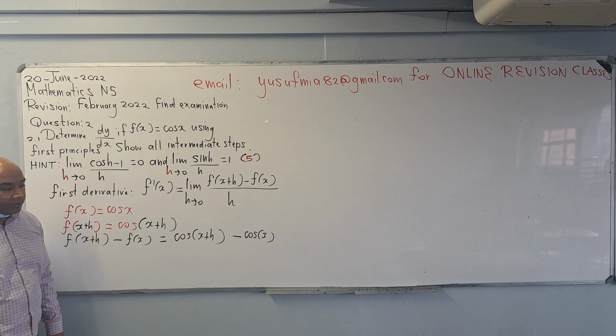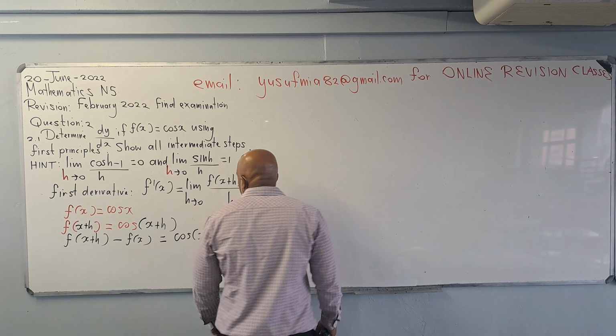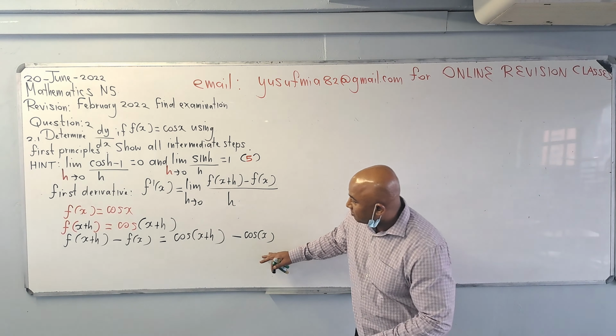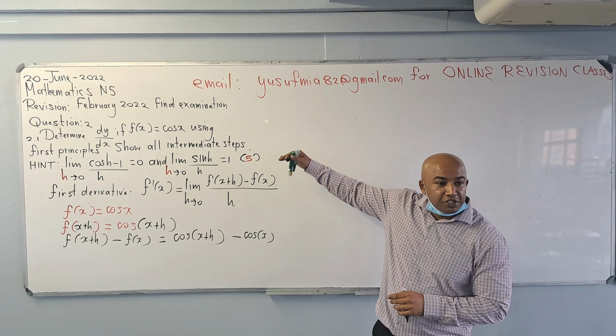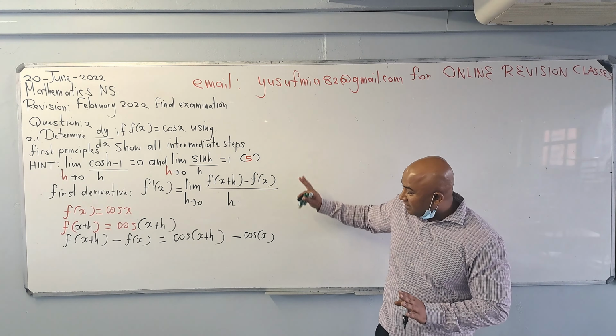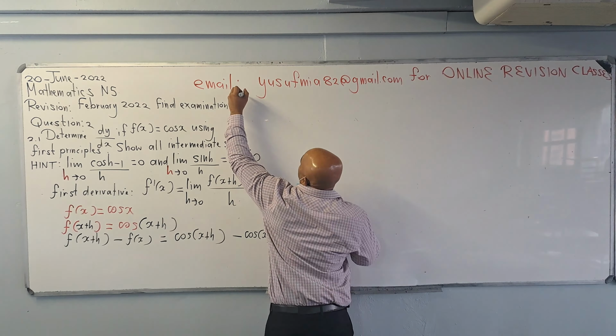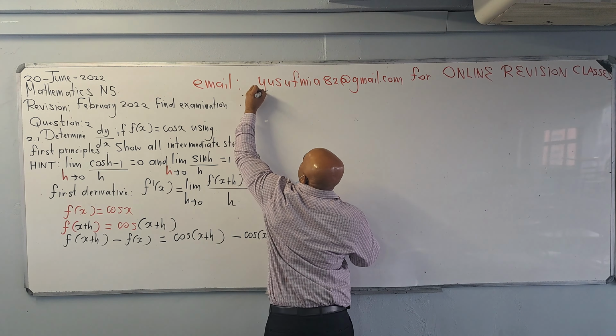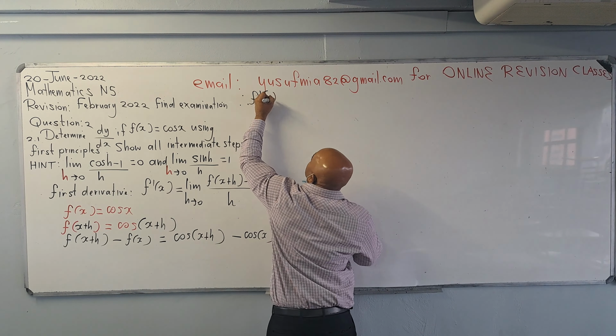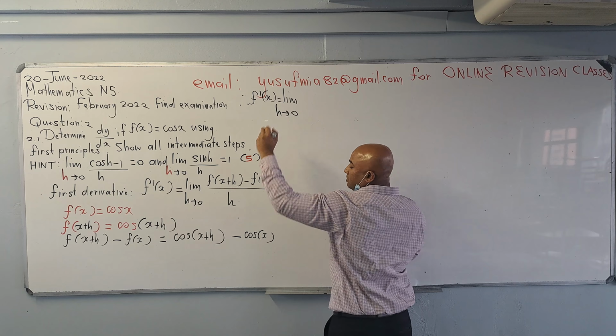Now, if we take this information and substitute it directly at the stage here, let's see what happens. Okay. So therefore, my f prime x is equal to the limit as h tends to 0.